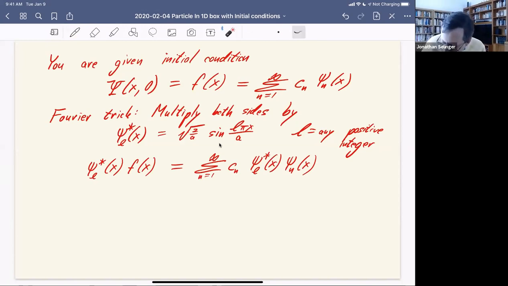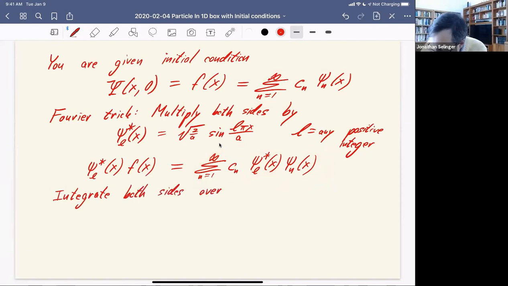I took this equation and just multiplied through by the psi L star, and I put it in the middle. You could put it anywhere, but I put it in the middle. And then the second part of Fourier's trick is to integrate both sides over x.